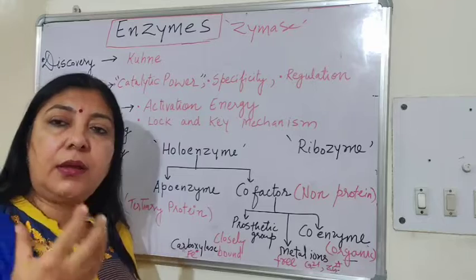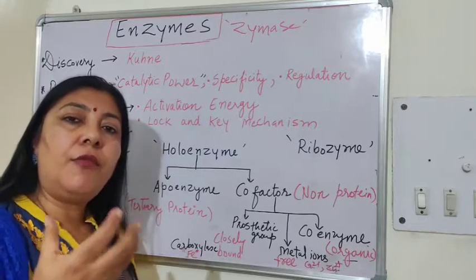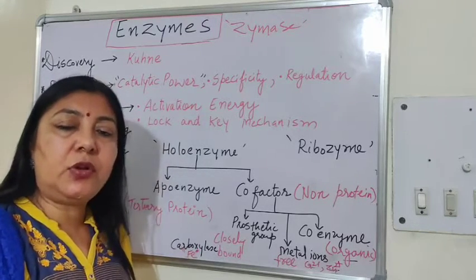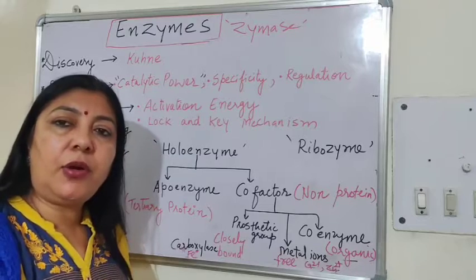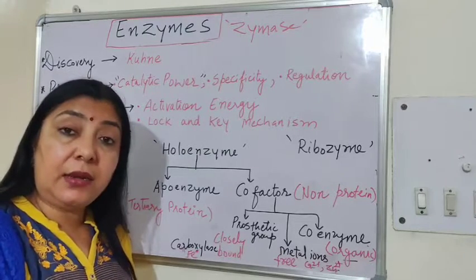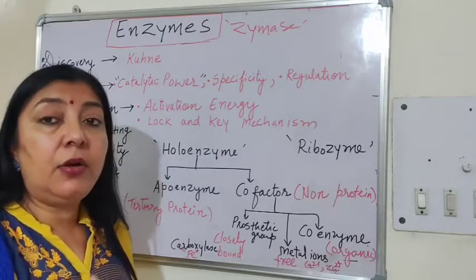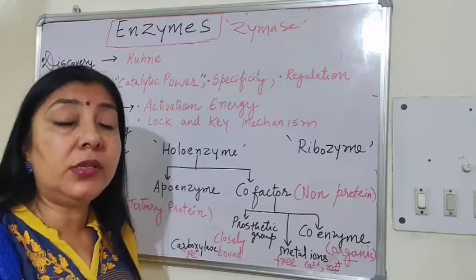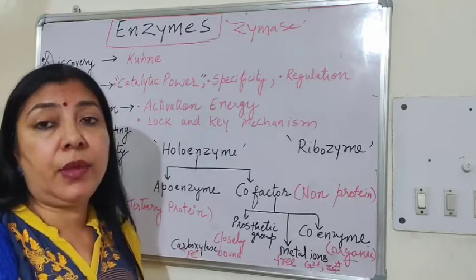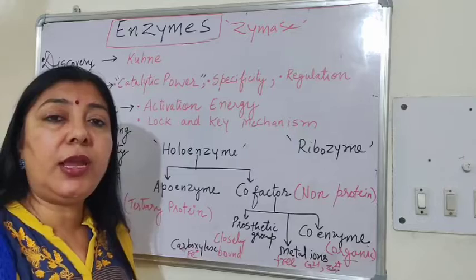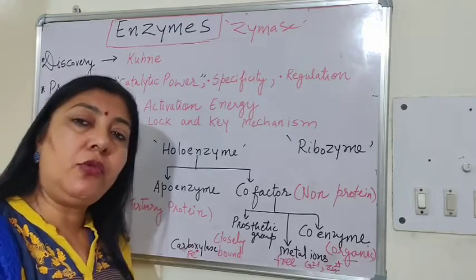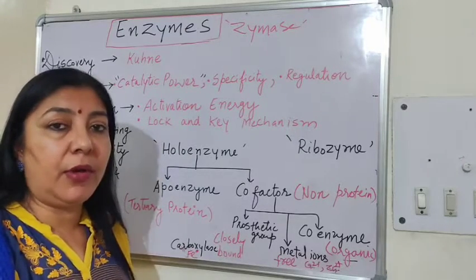For example, when carbon dioxide and water react in the absence of the enzyme carbonic anhydrase, the production of carbonic acid is at the rate of 200 molecules per hour.